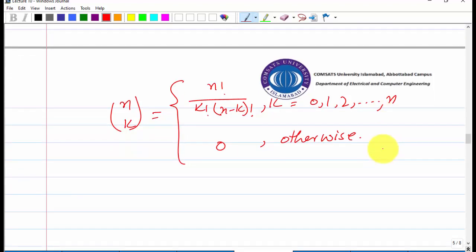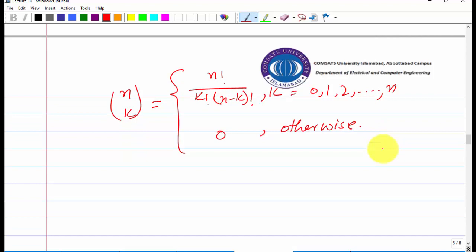So these are the 3 limitations for this basic definition.